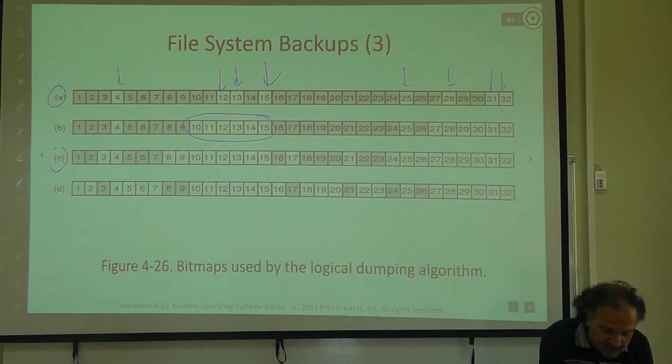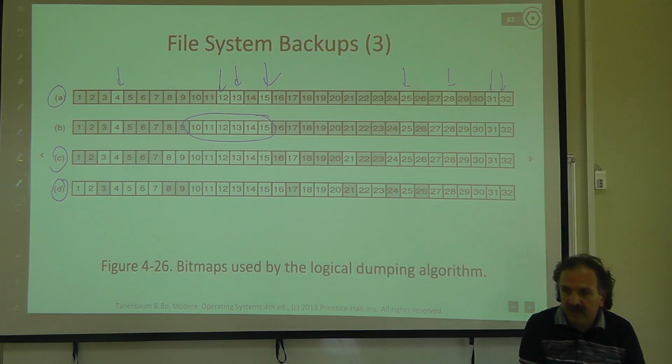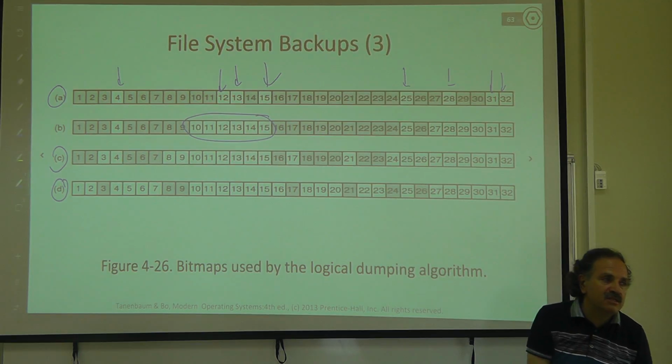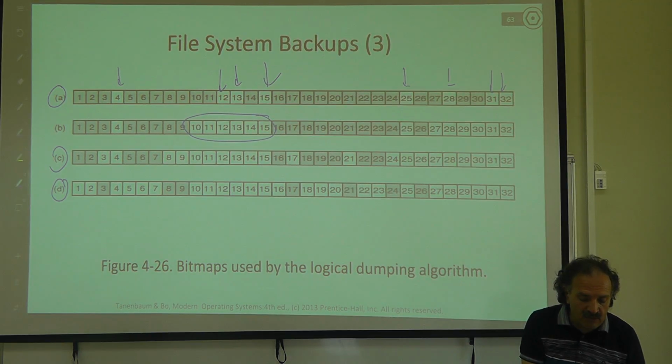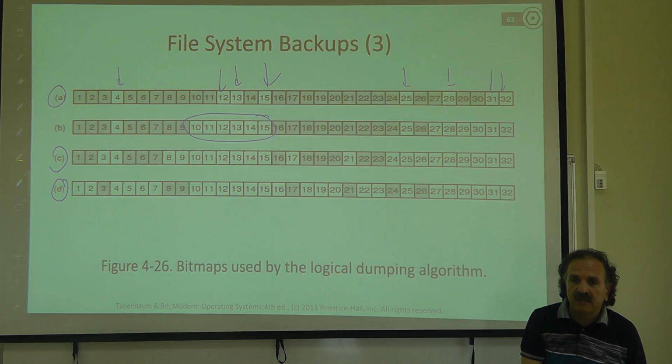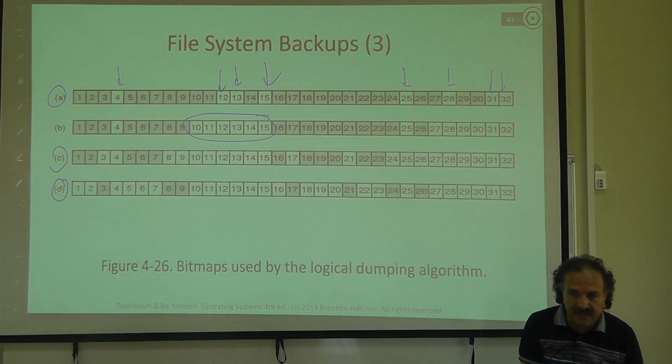Once I dump all the directories, I dump all the files. Okay. So this is the algorithm for a logical dump, the classical algorithm. It marks only the modified files and directories, and dumps the directories first and then the files. Okay, incrementally.